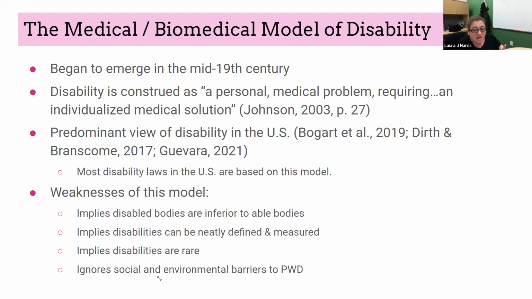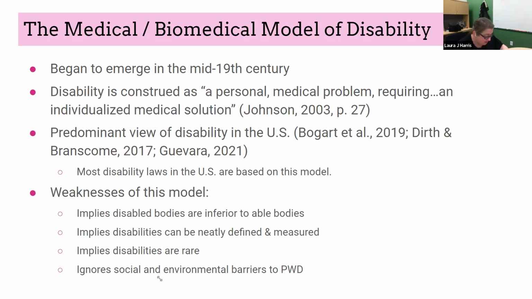And if it's not something that quote unquote fixes it, it would be something that would lessen the effects of it. It would ameliorate the medical problem. This is the predominant view of disability in the US, and most disability laws are based on this model. And we'll get into that a little bit more later in the presentation.